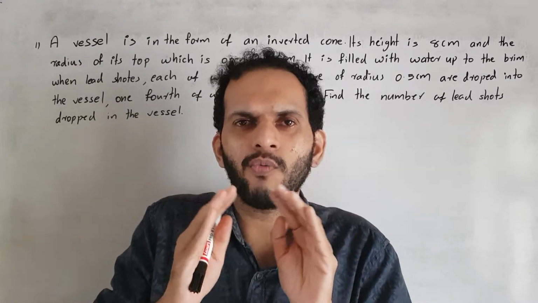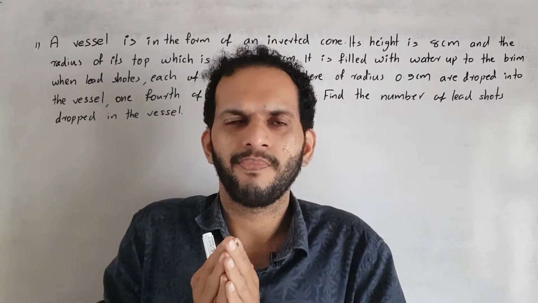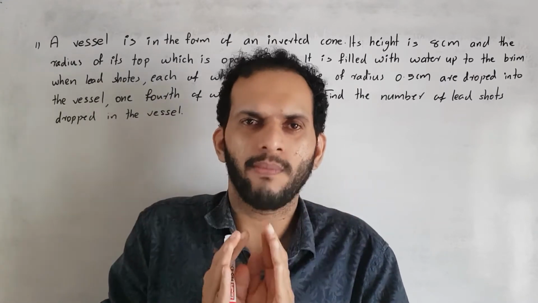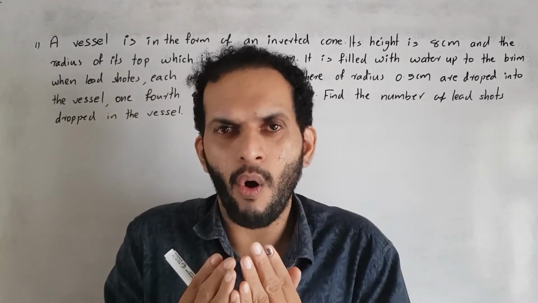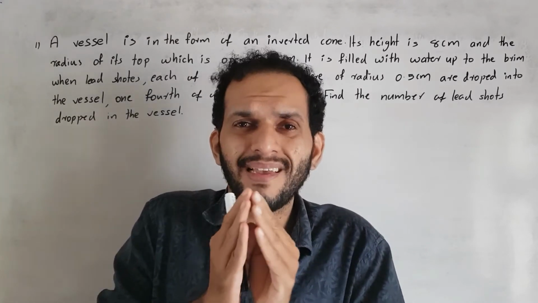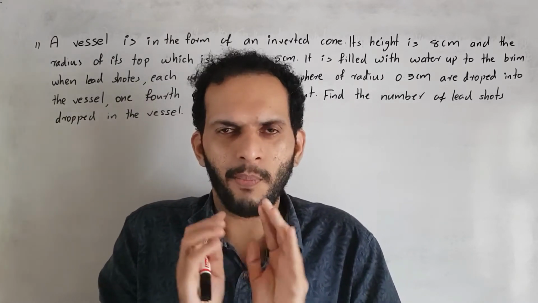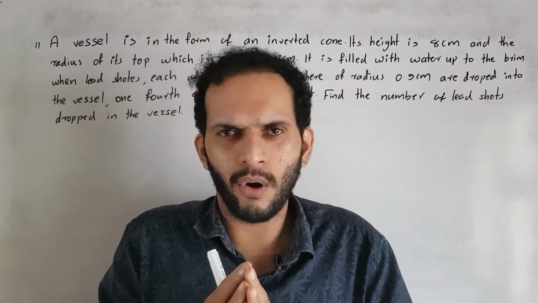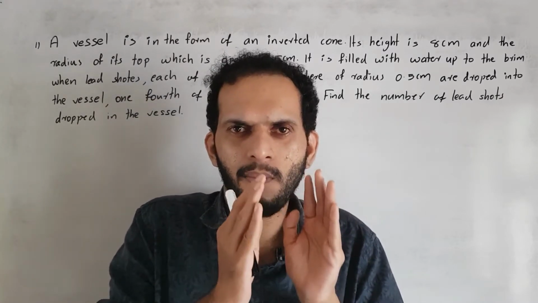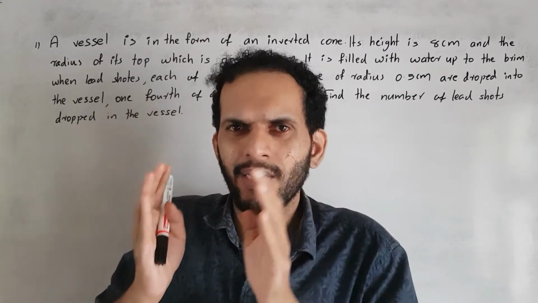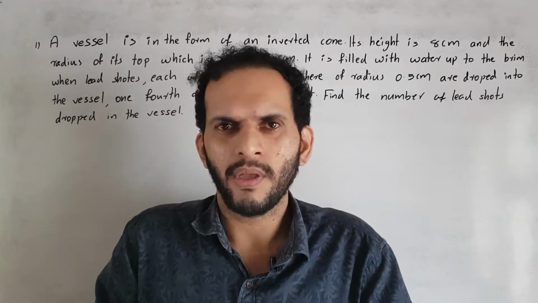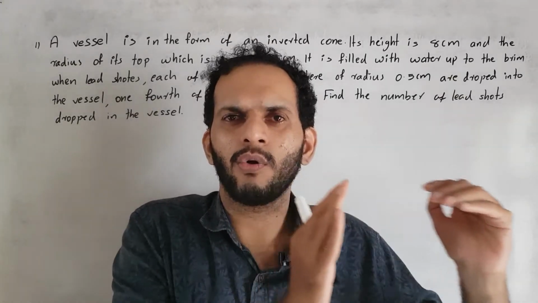How many lead shot did we drop in the vessel? Altogether, suppose you drop 10 lead shot, the sum of the volumes of the 10 lead shot is equal to the volume of water dropped out.